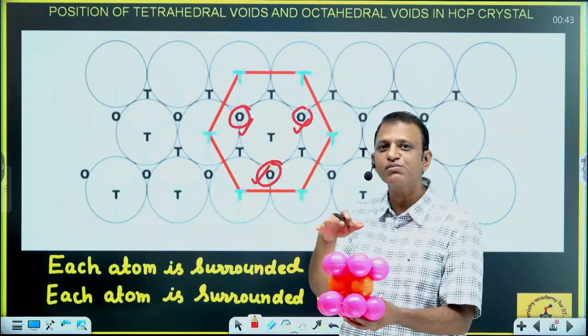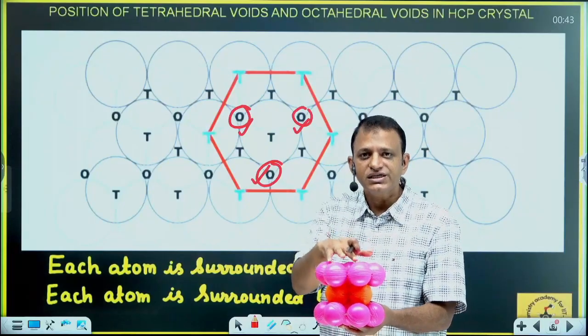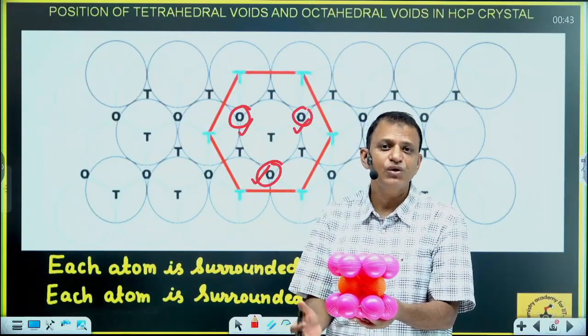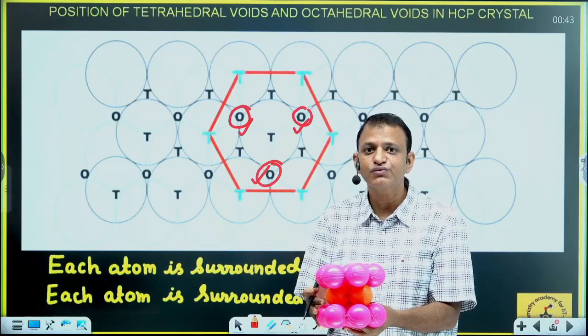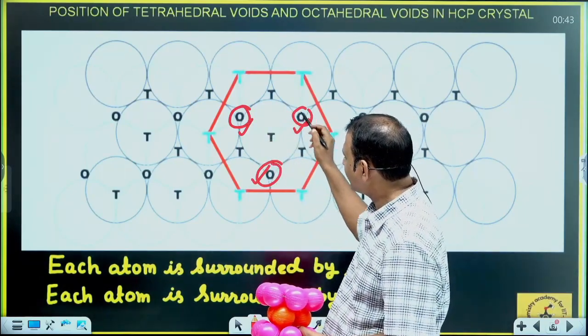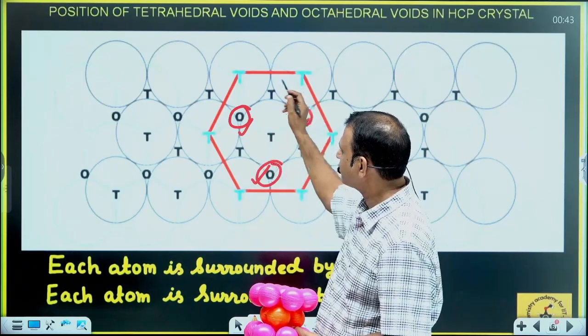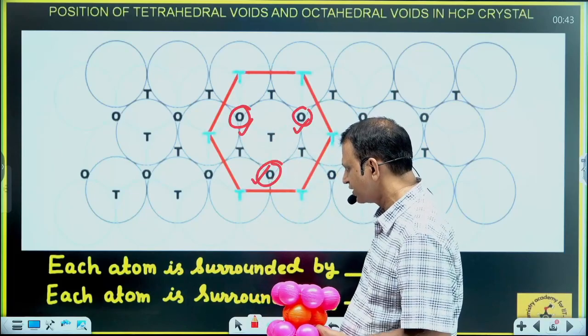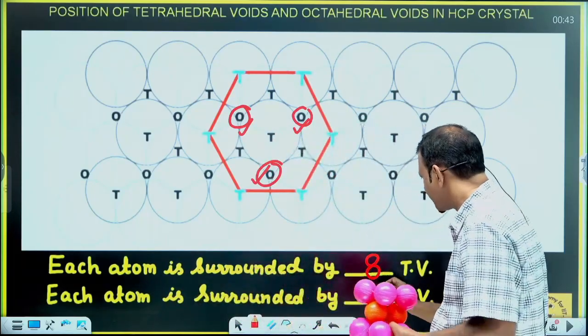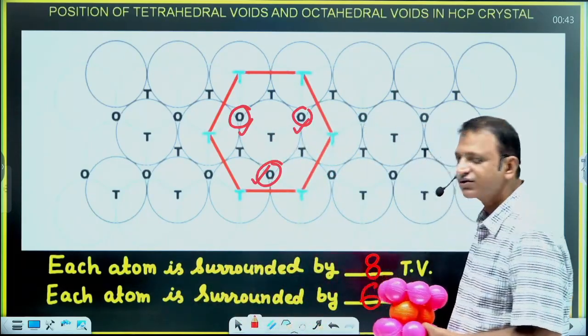So the total number of octahedral voids in this prism unit cell is equal to 6, and they are inside, so their contribution is 1. The atom present at the center of the regular hexagon is surrounded by how many octahedral voids? So each atom is surrounded by 6 octahedral voids.